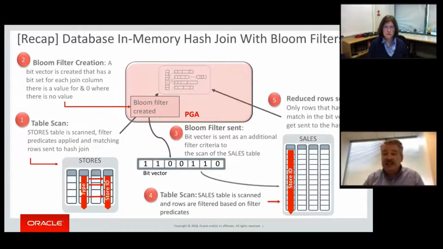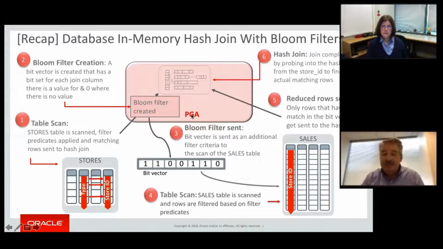And then any matches are then sent back. We double check the hash value to make sure that we don't have any false positives. And then we'll pick up the actual column values from the join.